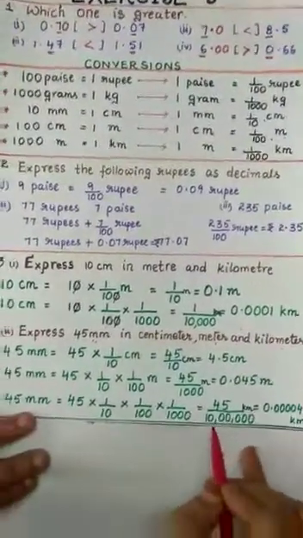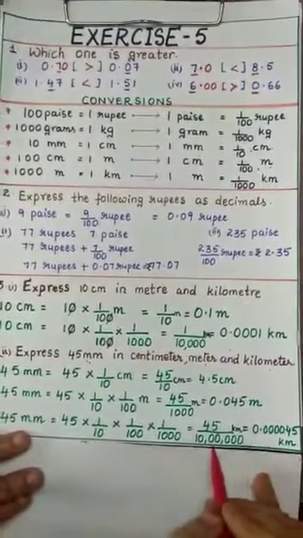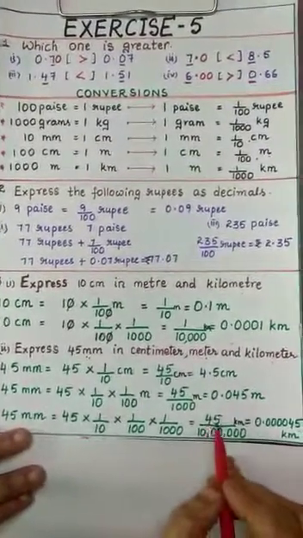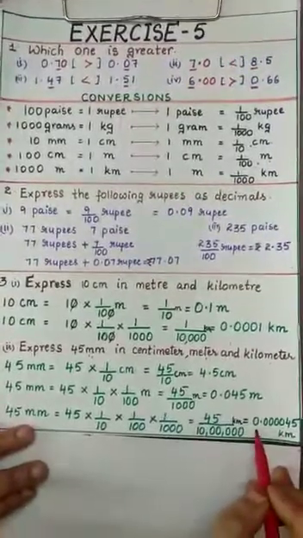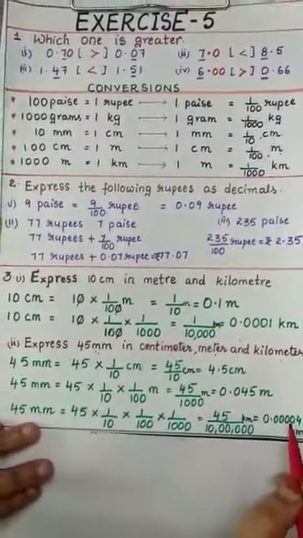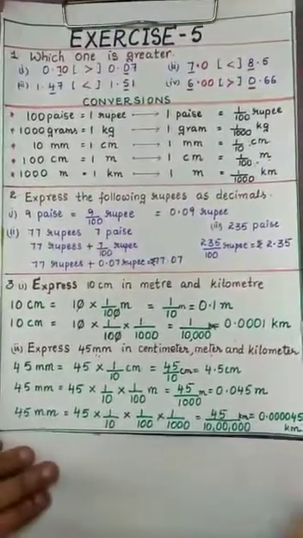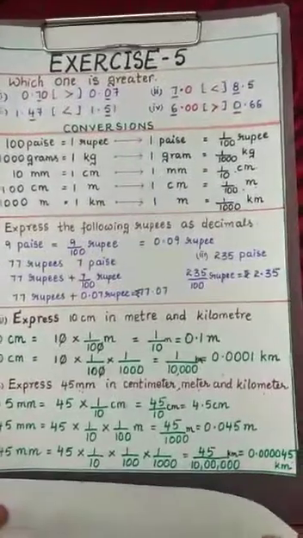So denominator we get 10 lakhs. 10 lakhs means we have here 6 zeros. So make it 6 places after the decimal. Already we have here 2 digits. So insert 4 zeros. 0.000045 kilometers.